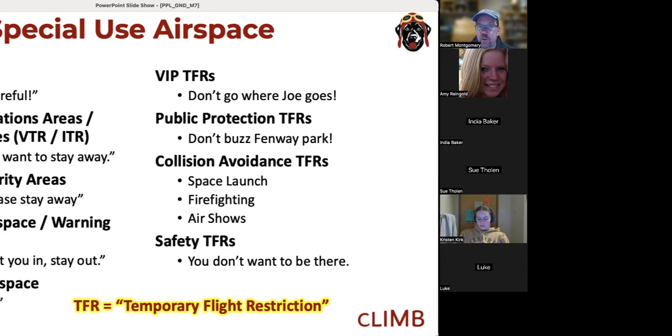And then we see it with air shows, right? They do the air shows at Pease every year or so, when the Blue Angels are doing their acrobatics and all the other stuff that they do. Again, probably not a great idea to be blasting through there in your Skyhawk. Okay. And then they also have safety TFRs. When they go out there and they start blowing stuff up, right?